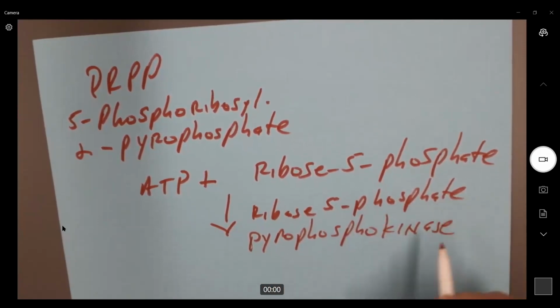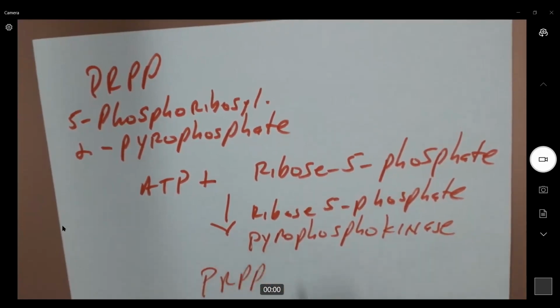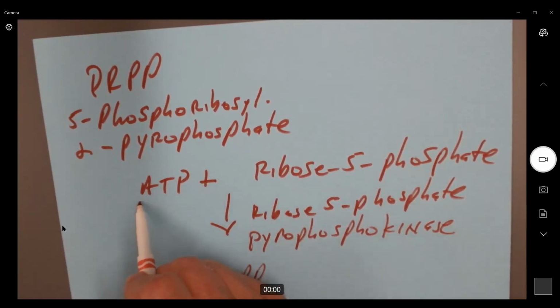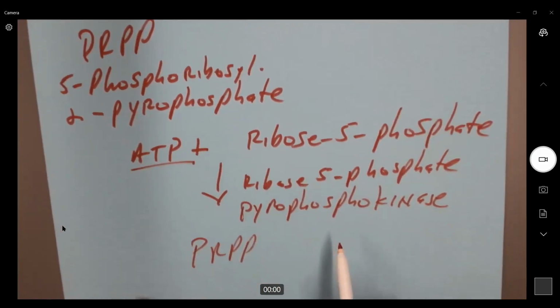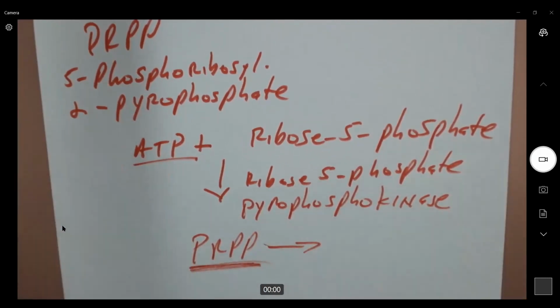That's going to give you PRPP. So that's how you make PRPP, through this reaction here. So you're going to burn an ATP right away just to get the starting material of this. And this then is going to undergo the first reaction. It'll be transaminated, which I'll show you on the slide.